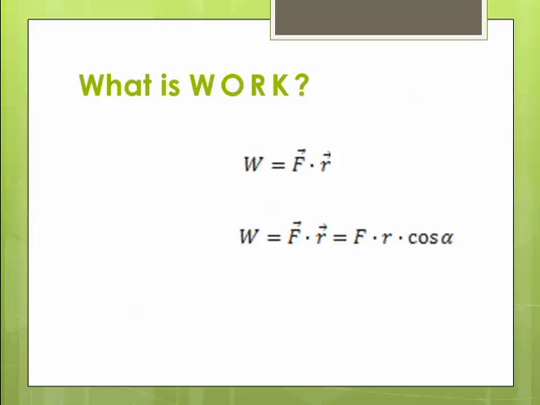Now, as the angle between the force and the displacement vector becomes larger, the cosine of this angle becomes smaller. It is 0 for 90 degrees. This is why work can only be done on a system if the force vector has a component in the direction of the desired displacement.